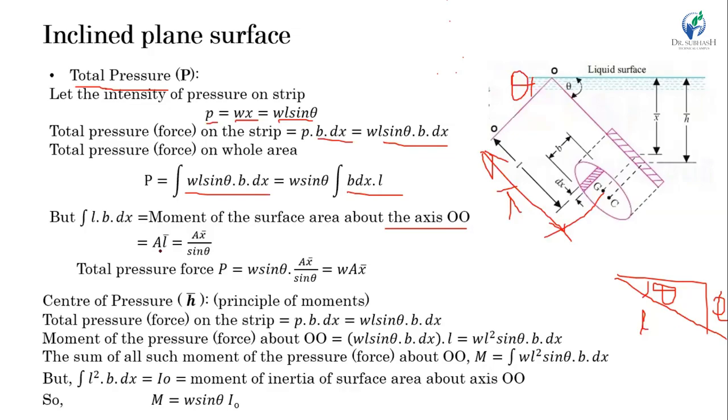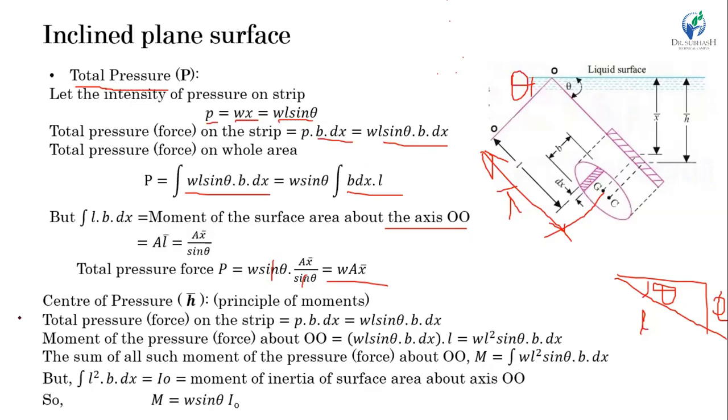By the relation between L bar and x bar, we can replace L bar by x bar upon sine theta. So we get the total pressure force P equal to omega sine theta into A x bar divided by sine theta, by putting this value in this equation. Sine theta will cancel out, and we get omega A into x bar, which is just the same as the total pressure equation for a vertical plane surface.